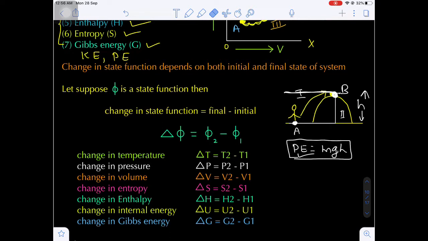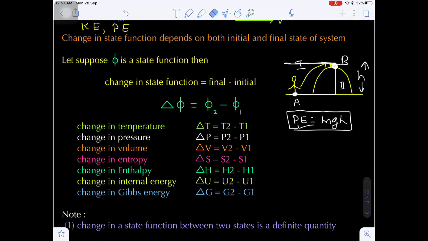The difference will always be the same irrespective of the path. Whether the person moves along path 1, path 2, or path 3, irrespective of the path, the change between the final value and initial value remains the same. That's why this is called what?